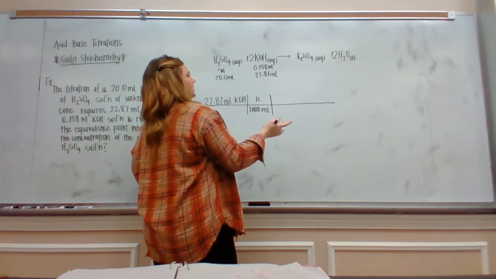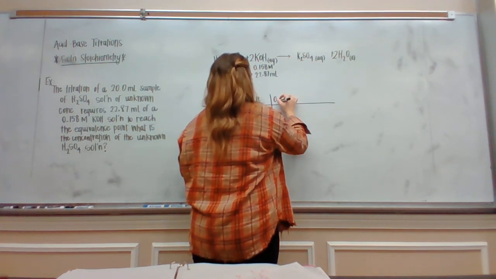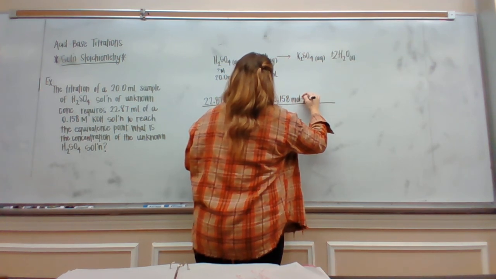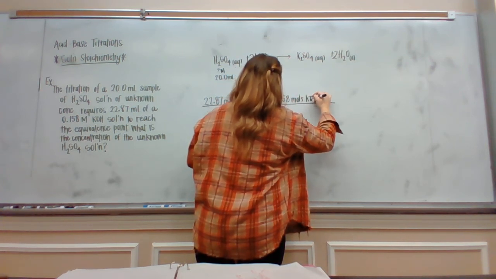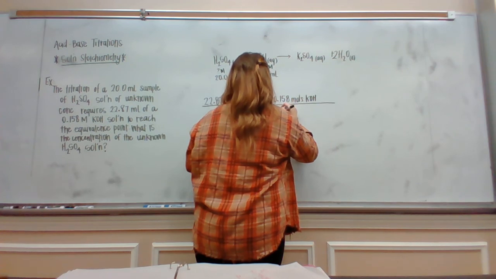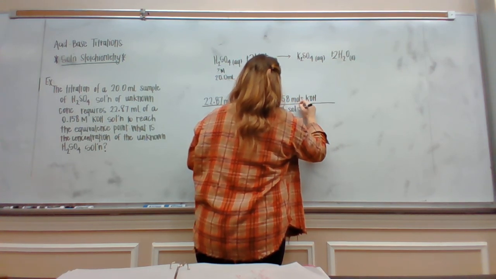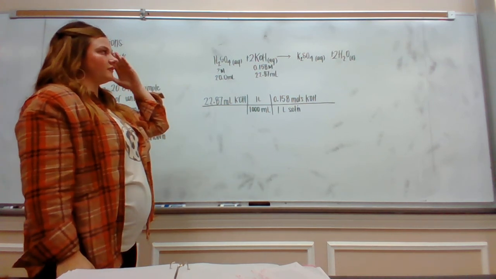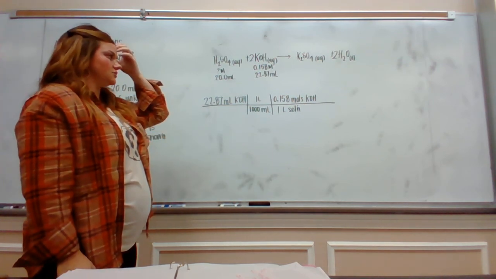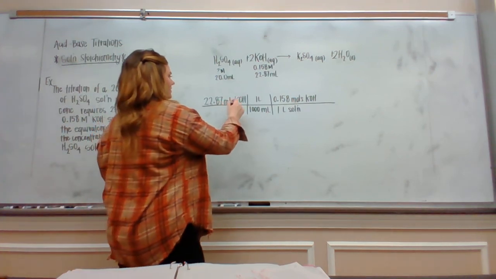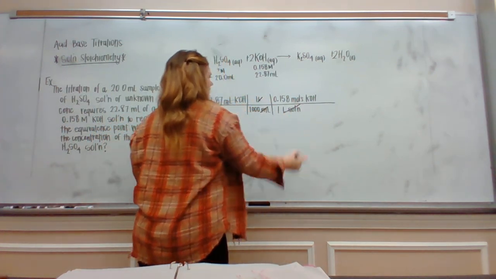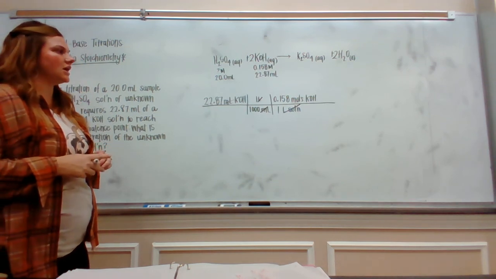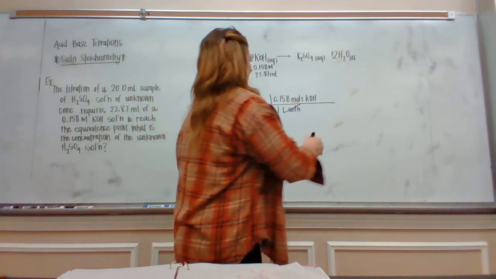Okay, now I can use my molarity. So I can use molarity as a conversion factor because by definition, molarity is moles of your solute over liters of solution. So that's going to cancel all that, and I'll be left with moles of KOH.